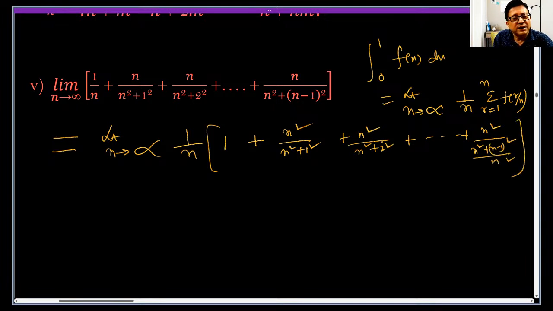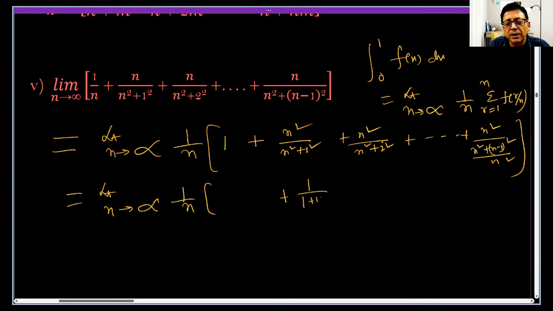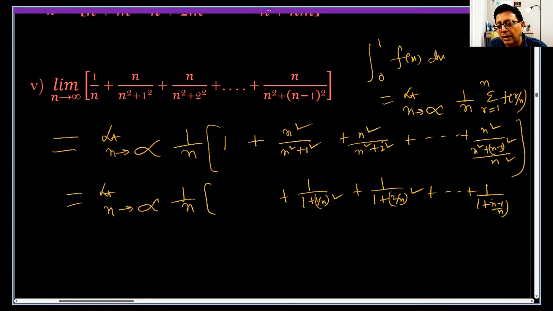So this thing will be limit 1 by n. See, let me write the second term. Divide by n square. Am I correct? Here also divide numerator and denominator by n square. Here also 1 by, isn't it?